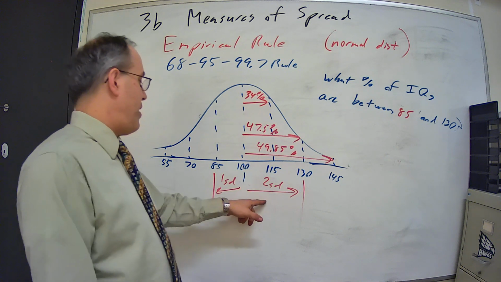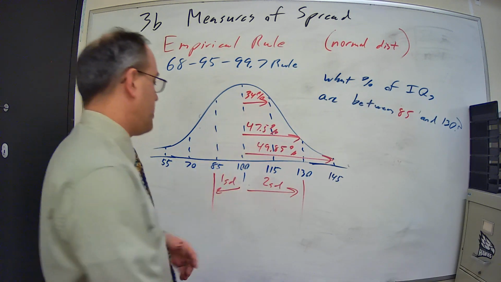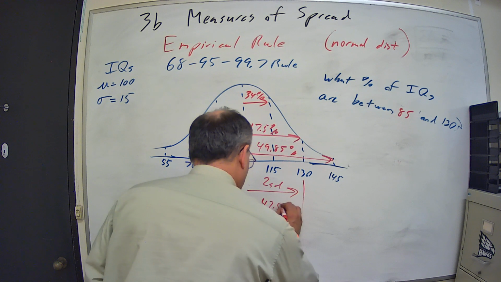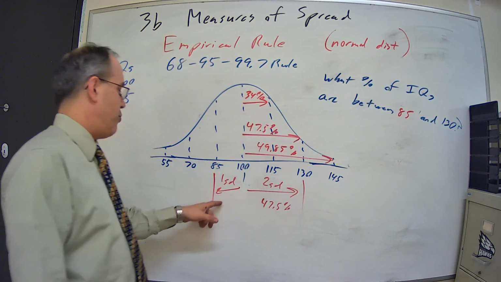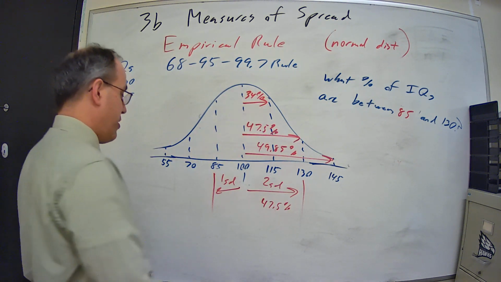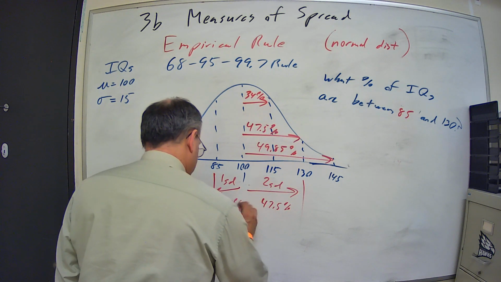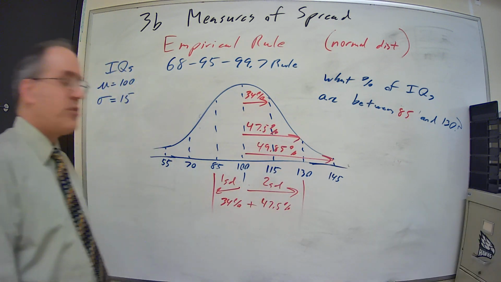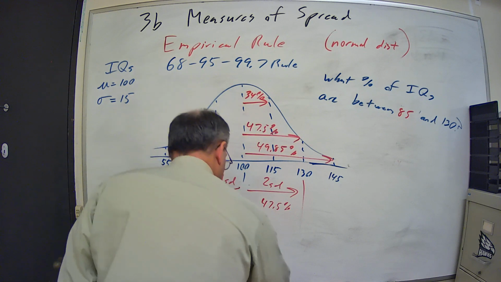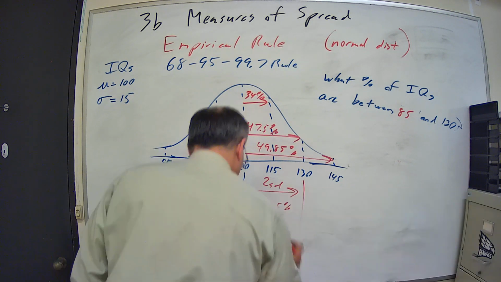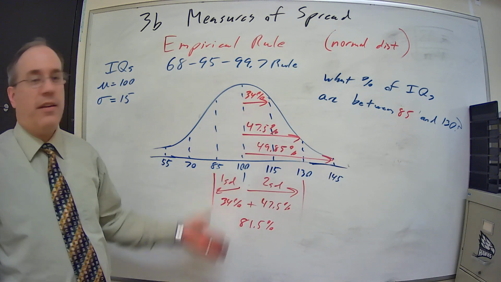But now I can say within 2 standard deviations to one side is 47.5%. Within 1 standard deviation to one side is 34%. If I add those together, I get 81.5%. And there we go.